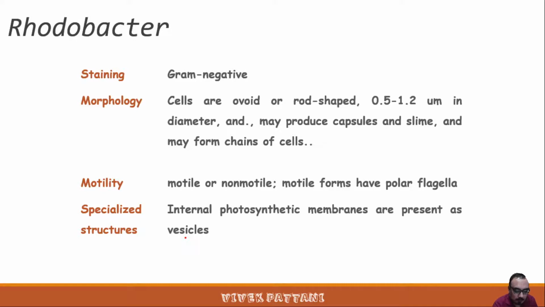The purple non-sulfur bacteria exhibit a diversity of shapes ranging from helical, non-prosthecate rod shaped, ovoid or even spherical, that multiply by binary fission or sometimes by budding. They are gram negative, and Rhodobacter has polar flagella. Internal photosynthetic membranes are present as vesicles.